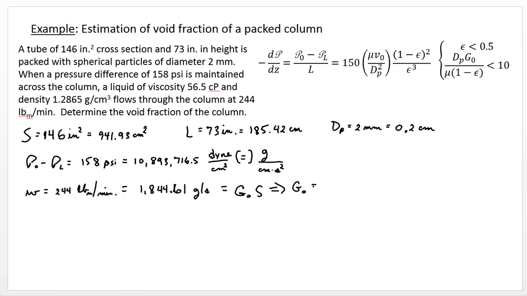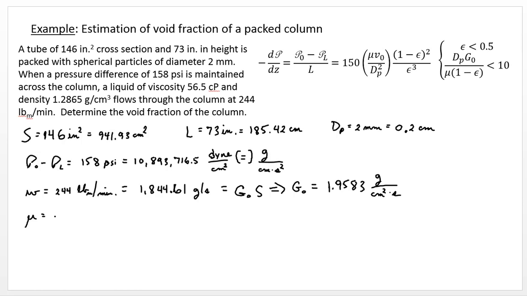And G naught is equal to 1.9, 0.583 grams per centimeter squared second. And then finally we have the viscosity.